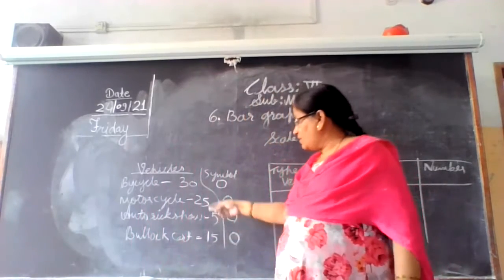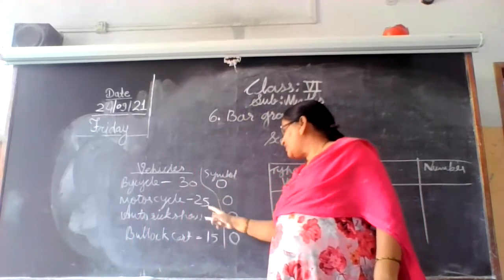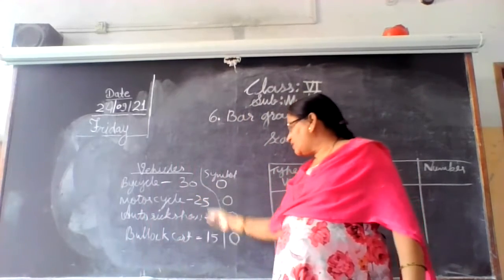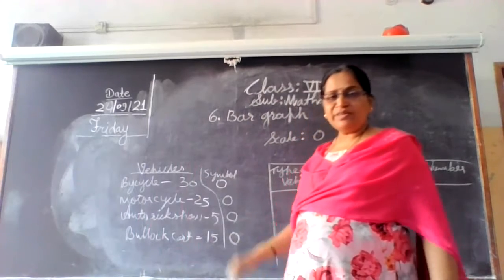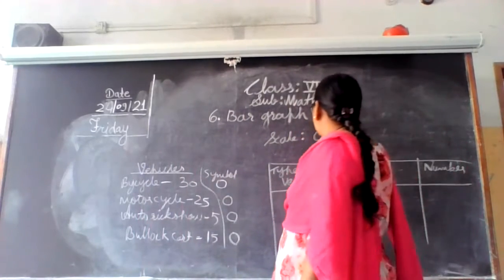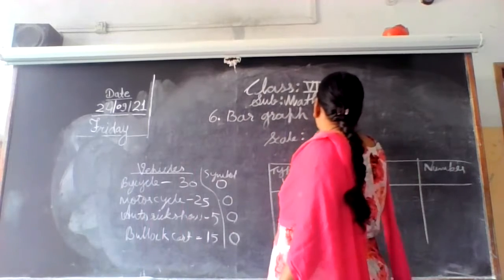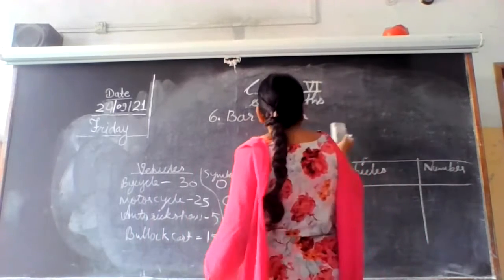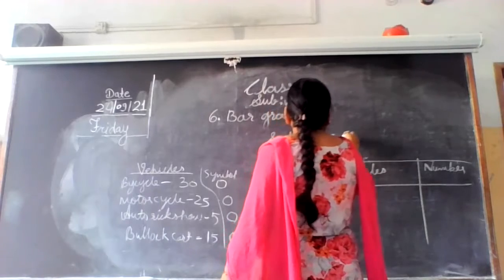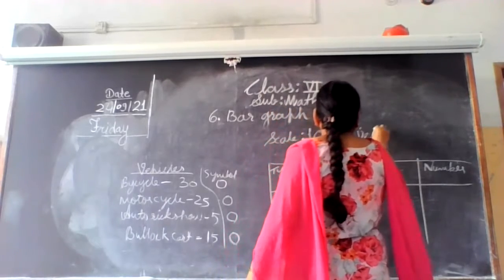What is the common number of these, or you can say, what is the HCF of these numbers? Yes, 5 is the common divisor of these. So HCF is 5. So here I am taking one circle equals to 5 vehicles.